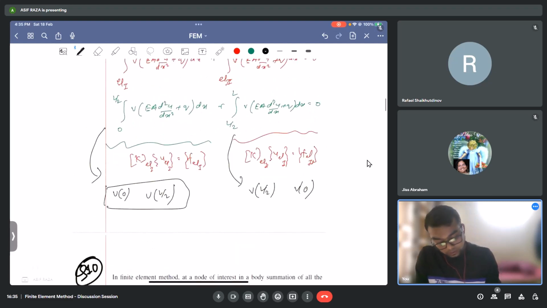For internal forces at the middle node, it will just cancel out.